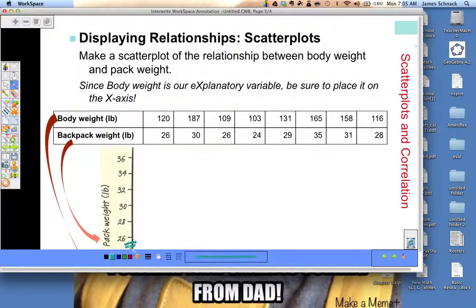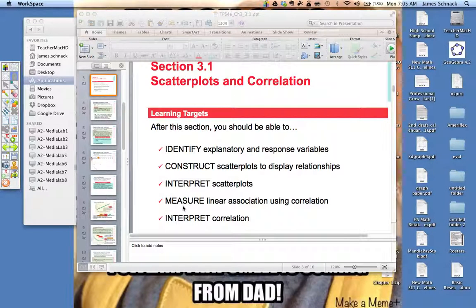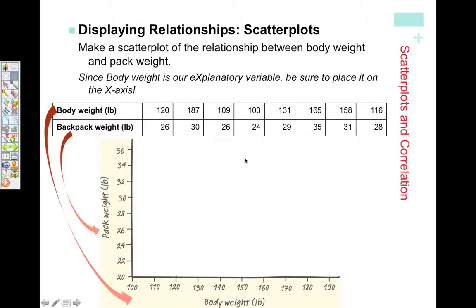And usually we show that with a cut in the graph here, so we're making a jump from 0 to 26, and that's something that we really should show. In statistical books and statistical graphs, a lot of times that's left off. And then we plot all of our data values as ordered pairs. So, for instance, 120, 26 would be this point right here.